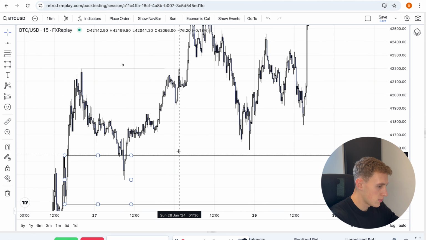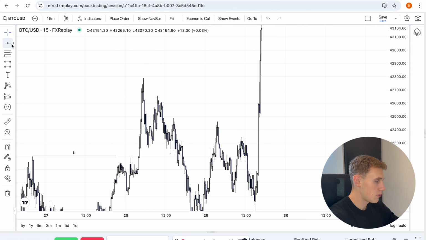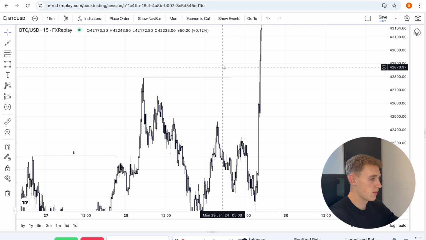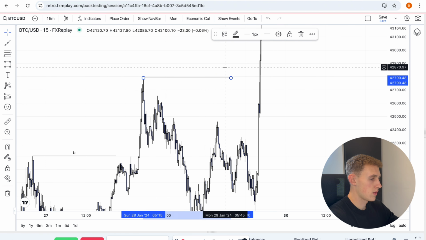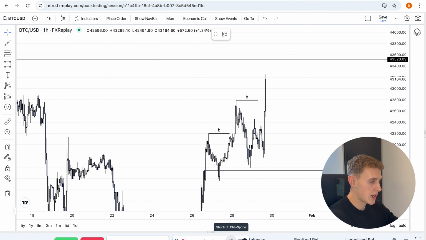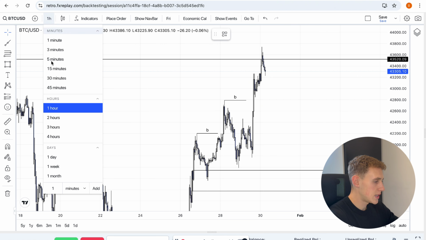Okay, so you can see why it reacted there, but that wasn't really a valid point of interest for me. Okay, so we've now had a re-break of that structure. Price is approaching that liquidity level. There we go. So the liquidity level was taken.